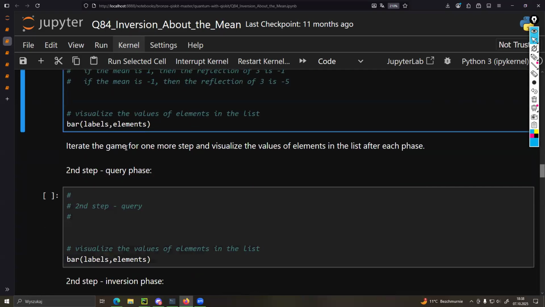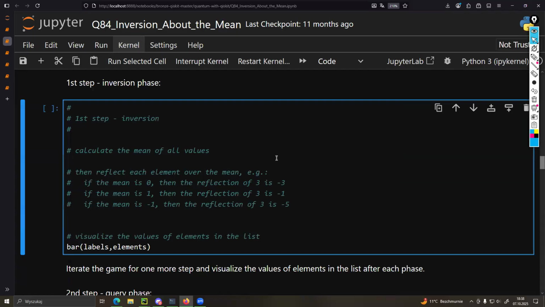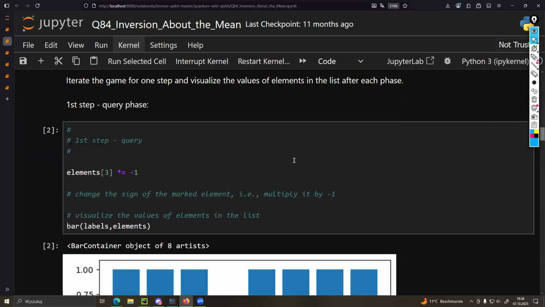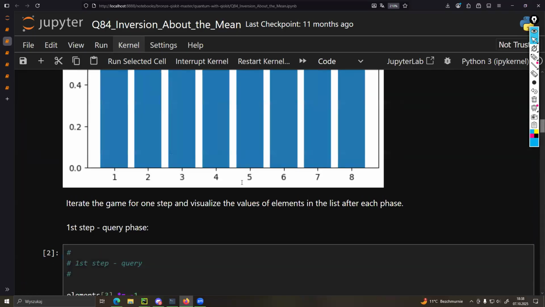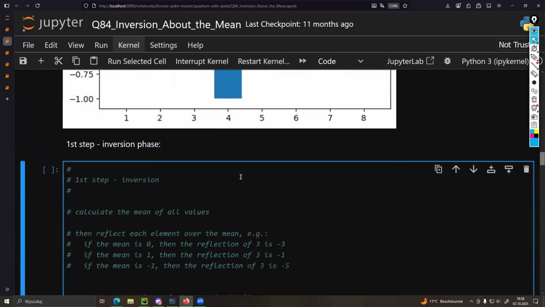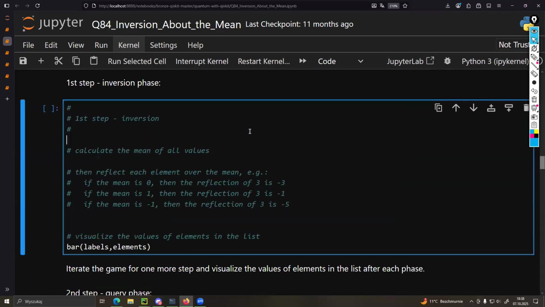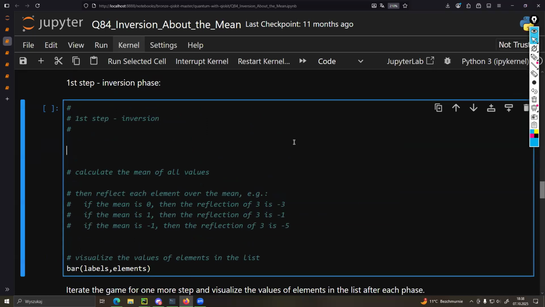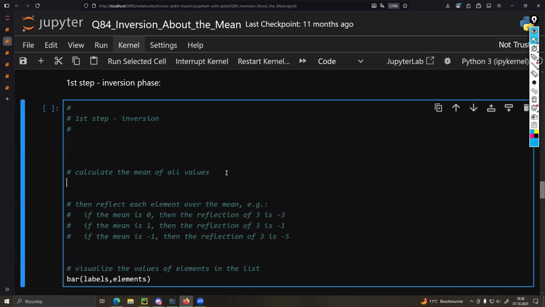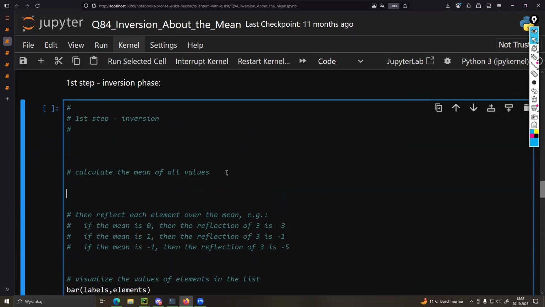So how do we do this? We have to code it. So calculate the mean of all values. Well, that's not that complicated.